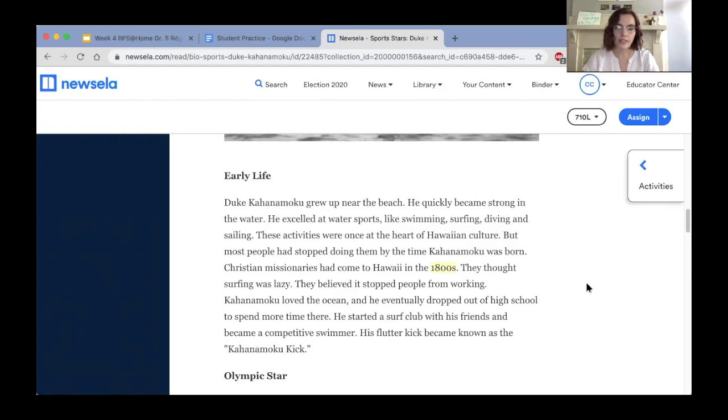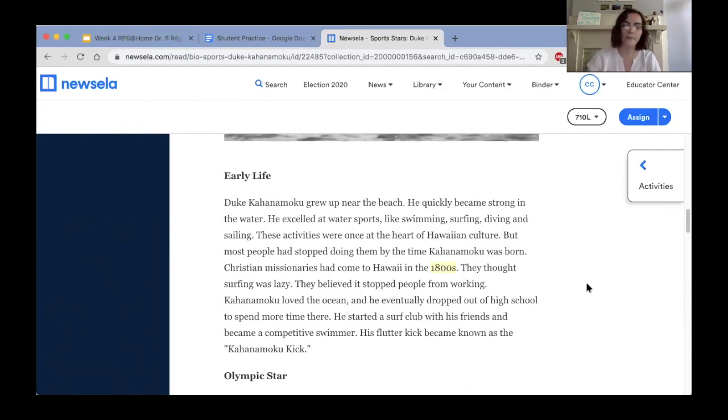Christian missionaries had come to Hawaii in the 1800s. They thought surfing was lazy. They believed it stopped people from working. Kahanamoku loved the ocean, and he eventually dropped out of high school to spend more time there. He started a surf club with his friends and became a competitive swimmer. His flutter kick became known as the Kahanamoku kick.